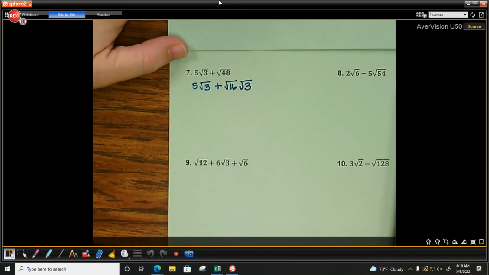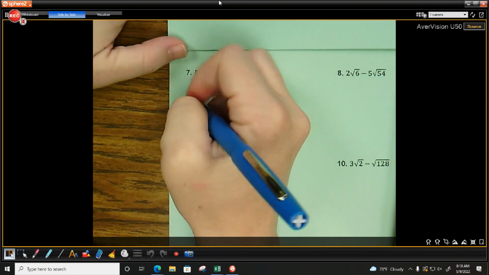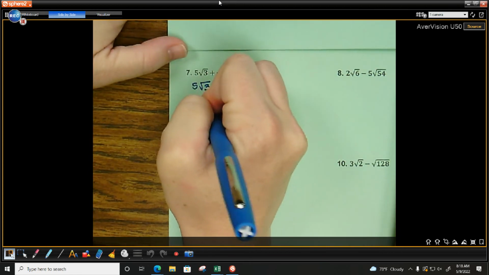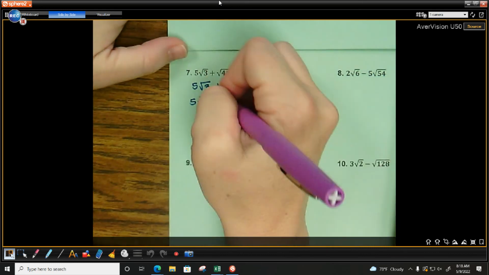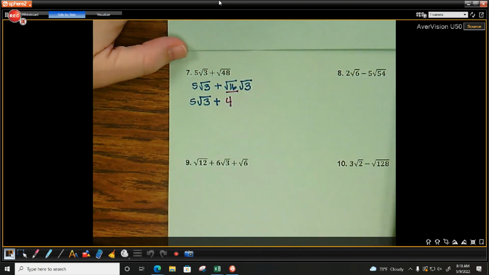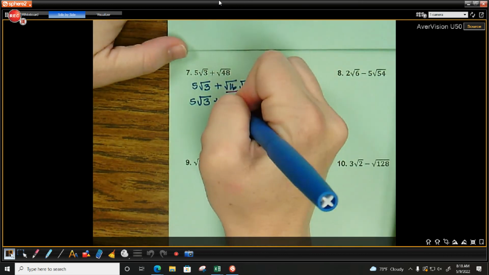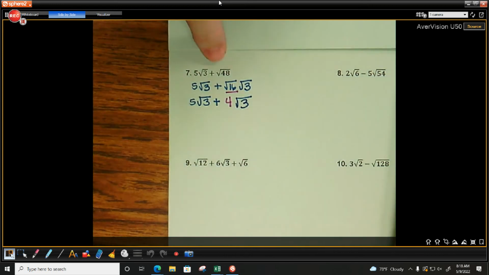Set up for me. So 5 square root of 3 can't simplify. What is the square root of 16? 4. Square root of 3. So guys, at the beginning, did my radicals match? No, you might have thought, oh, we can't combine them.